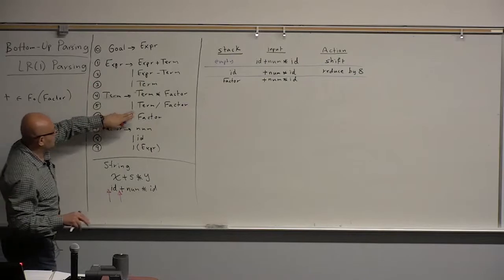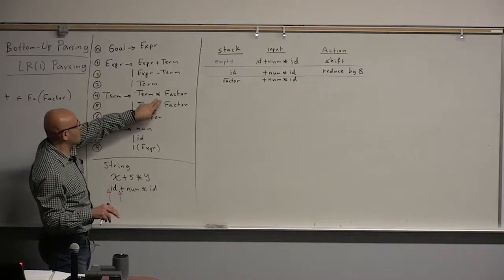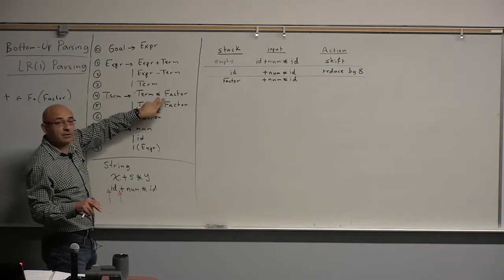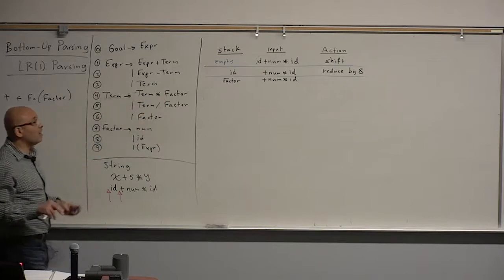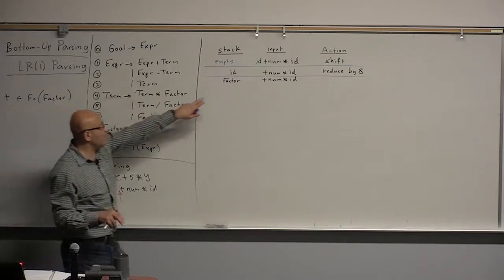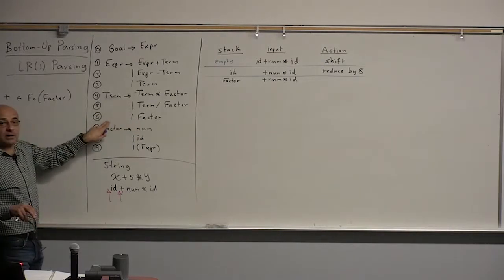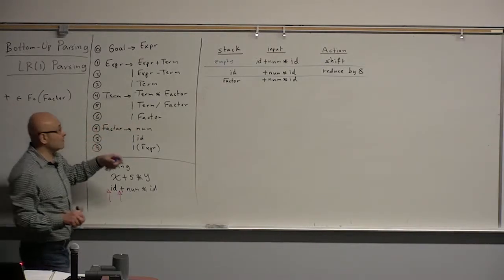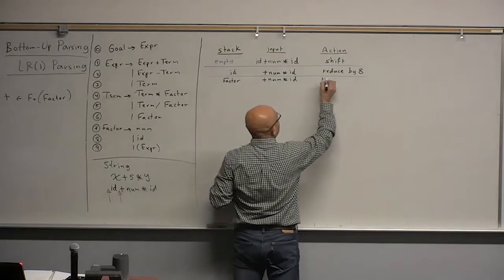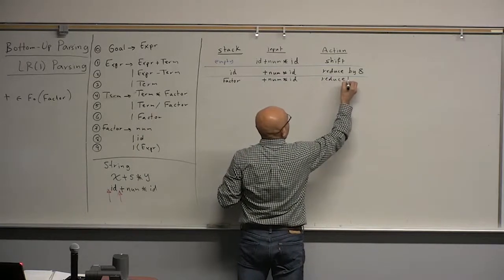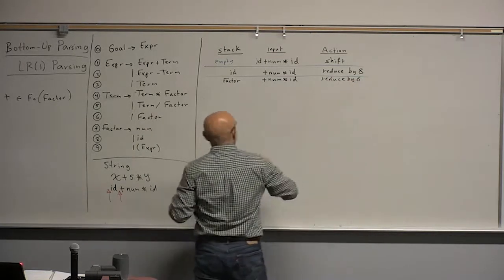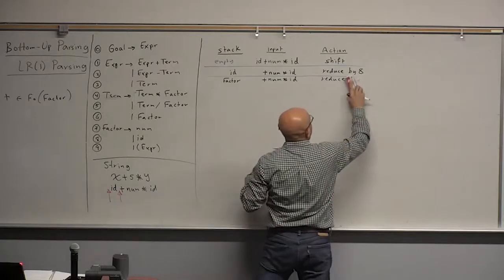So term divided by factor and term multiplied by factor are not options because I don't have them here. All I have is a factor. So rule number 6 is the only possible reduction. So I reduce by 6. Or let's just call it reduce 6.